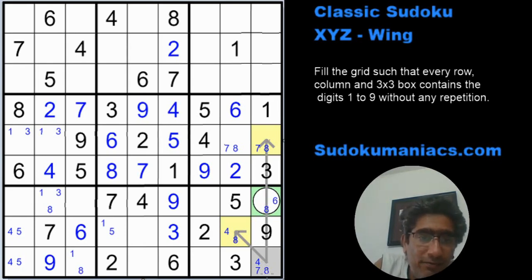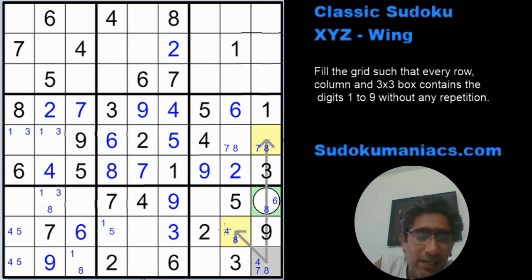The reason being, if this was an 8, obviously 8 would not be in row 7 column 9. If it was 4 or 7, the 8 would fall either in row 8 column 8 or row 5 column 9, depending on which number was placed in row 9 column 9.